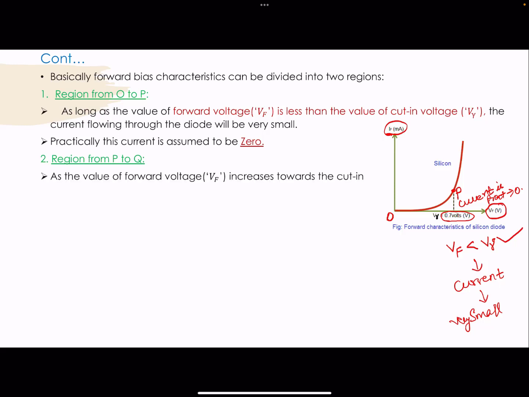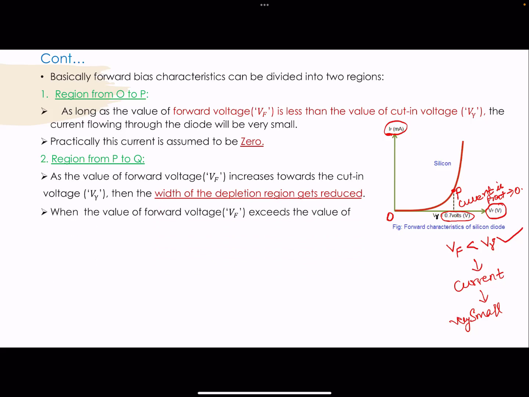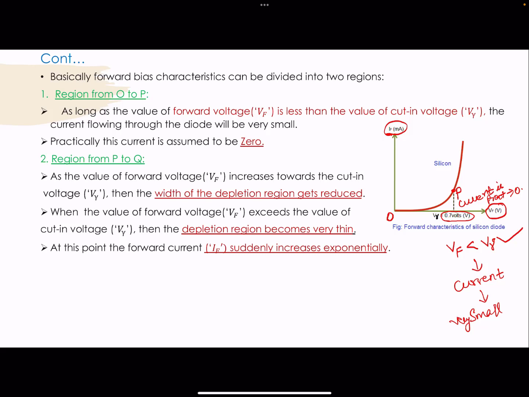As the value of the forward voltage Vf increases towards the cut-in voltage V gamma, the width of the depletion region gets reduced. When the value of the forward voltage Vf exceeds the value of the cut-in voltage, the depletion region becomes very thin. At this point, the forward current If suddenly increases exponentially.